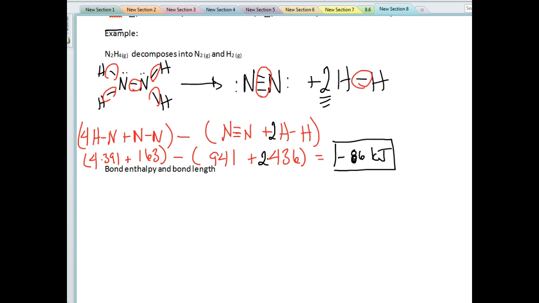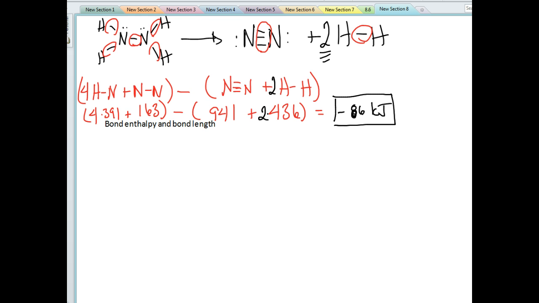The last thing I want to talk about for today's lecture is bond enthalpy and bond length and their relationship. And we'll use carbon as an example. And we talked about this before. If we have a carbon-carbon single bond, the length on average runs about 1.54 angstroms. Very small.